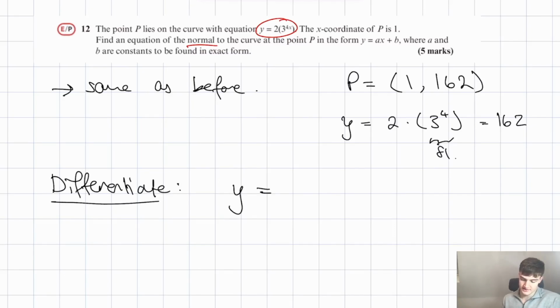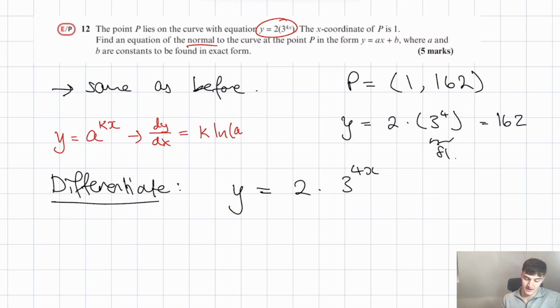So y is equal to 2 lots of 3 to the 4x. Remember before we've already shown what the derivative of this is. If you recall, if y is equal to a to the kx, dy by dx is equal to k natural log of a times a to the kx.